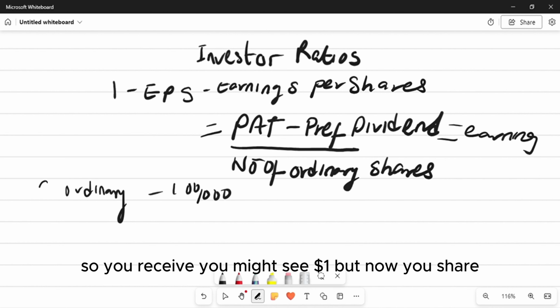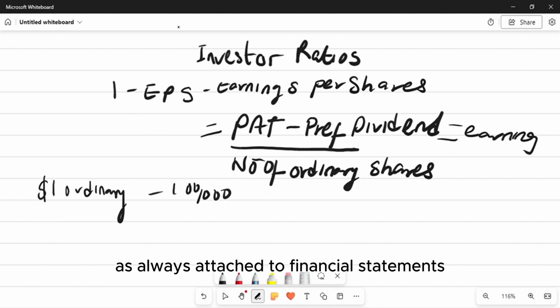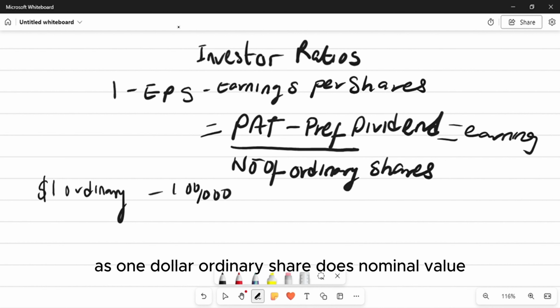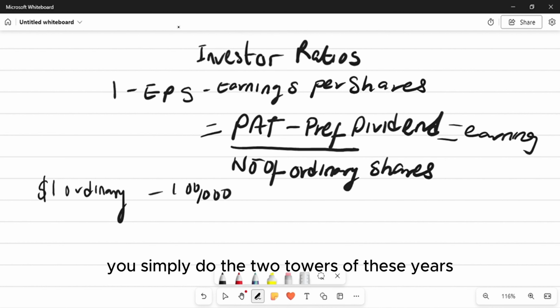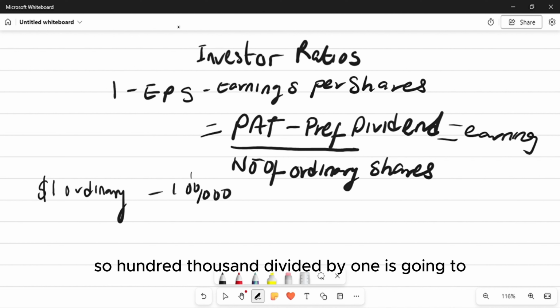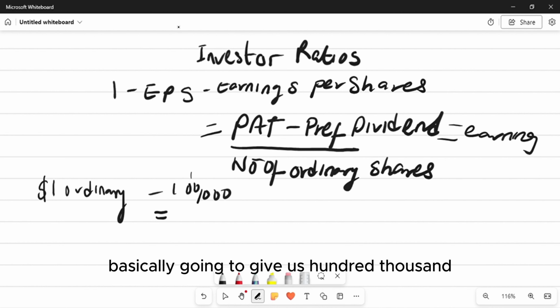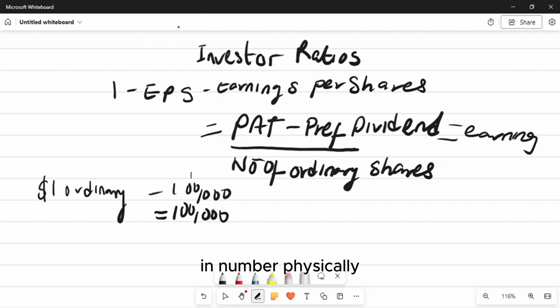You might see $1 ordinary shares equals $100,000. This $1 that's always attached to the financial statements is the nominal value. So when you have the nominal value and the total worth of the shares, you simply divide the total worth of the shares by the nominal value to get the number of shares. 100,000 divided by 1 gives us 100,000, so there are 100,000 ordinary shares in number.